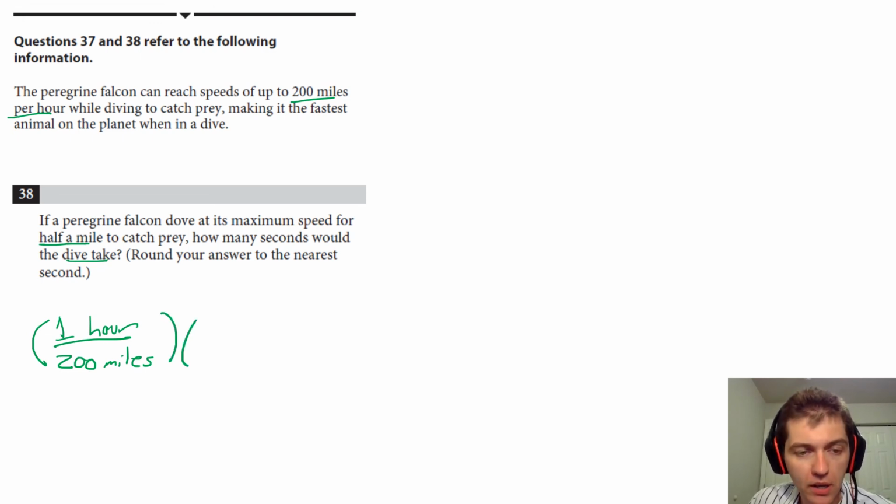And the reason to do that is because you're looking to get time in the end. So if you just cancel out your miles, that will get you to where you need to go. So you can use the 1 hour over 200 miles and multiply it by the distance that they give you. So take the 0.5, and that's just straight miles. It's not a fraction. Those miles cancel out, and now you're left with just the time, hours.